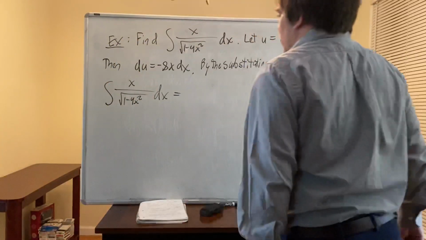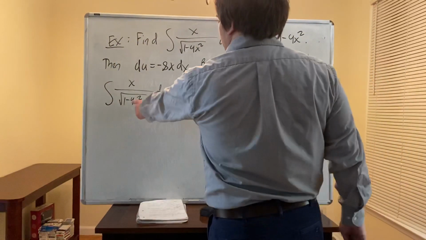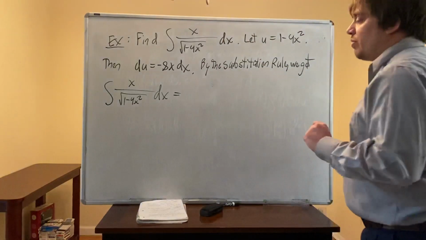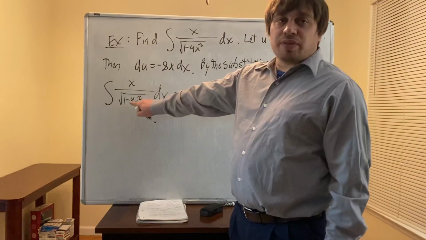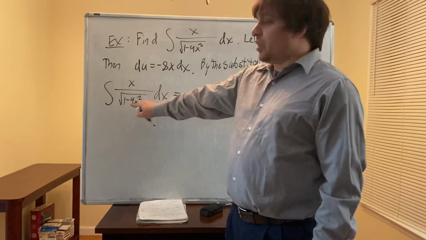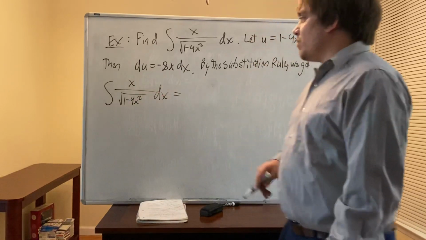Well, I'm going to substitute u here for 1 minus 4x squared. But before I do that, let's think about how to substitute the x for an expression of u.